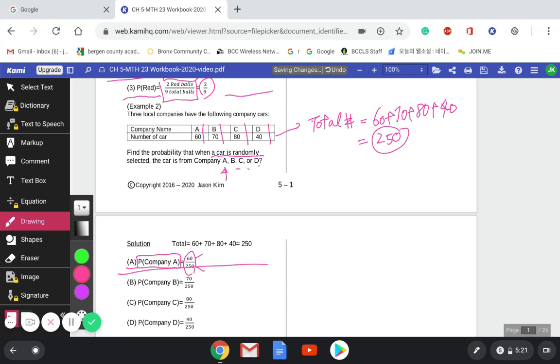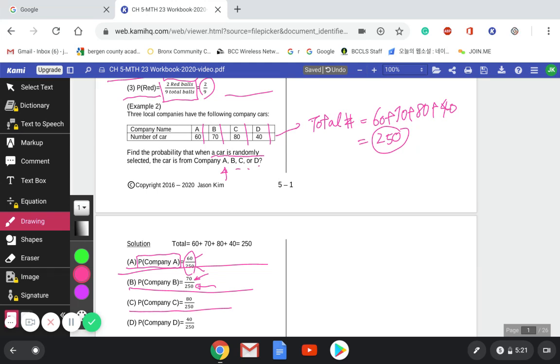So how about the probability that you choose a car that belongs to company B? There are 70 company B cars, so 70 out of a total of 250. It's not that bad, right? How about when you choose one car from multiple parking lots, and the car randomly chosen belongs to company C?